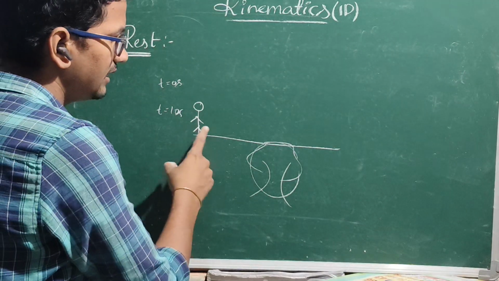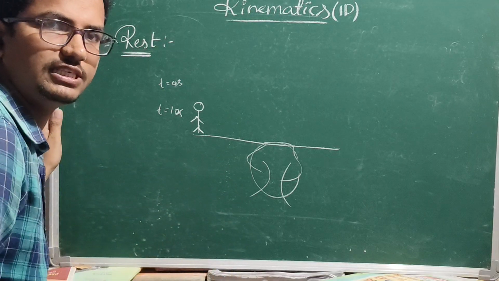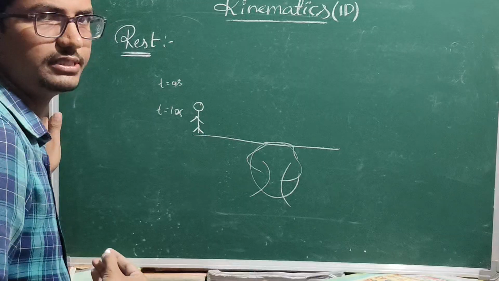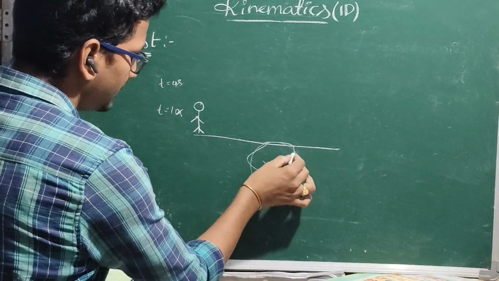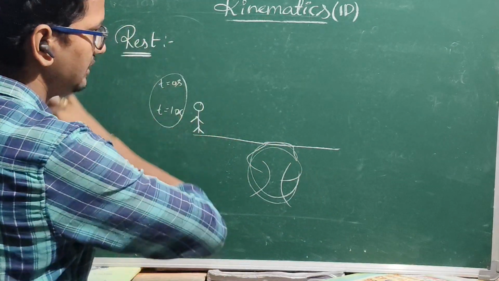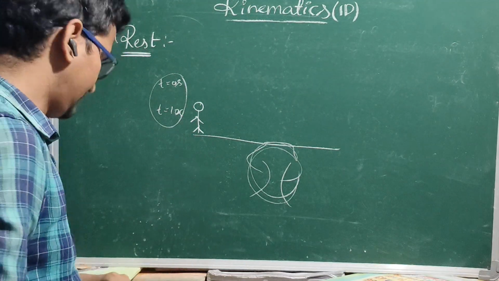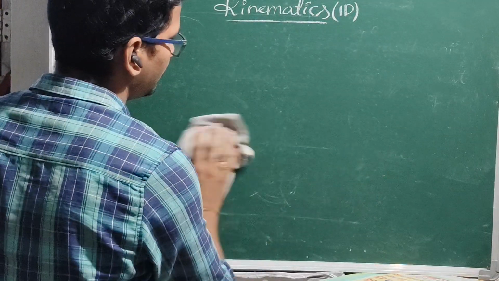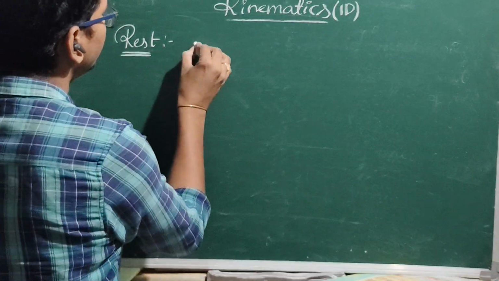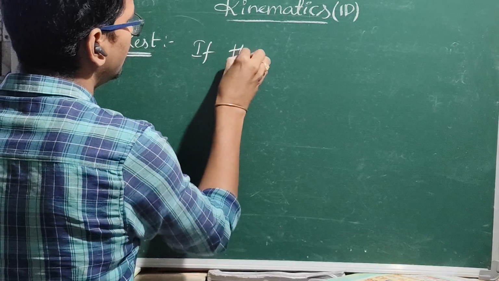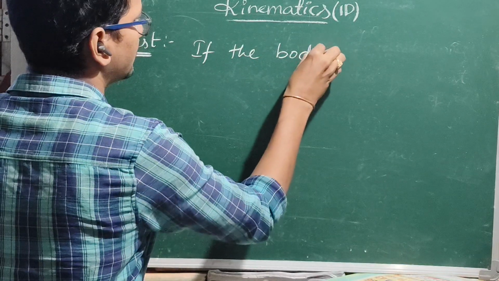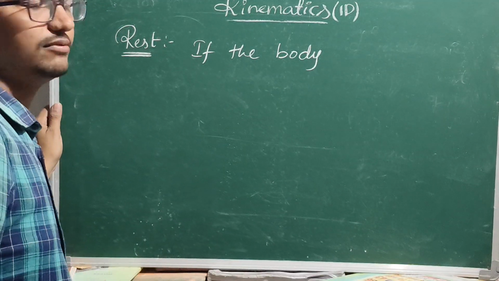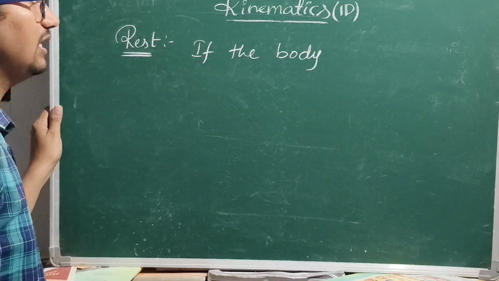How can we say with respect to the surroundings? With respect to means comparison. By comparing the surroundings and by comparing the time, the body is at rest. Simply we can say, if the body does not change, body or object, body is nothing but a person or vehicle, whatever objects we have to consider, that is called a body or object.